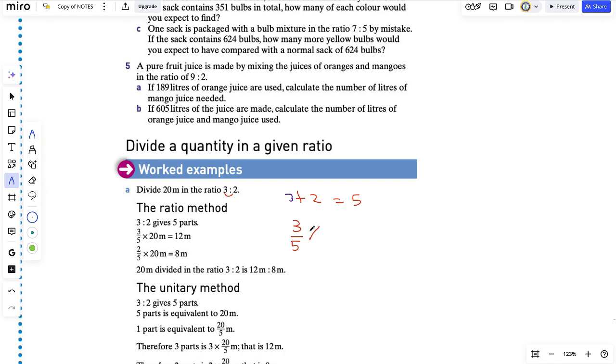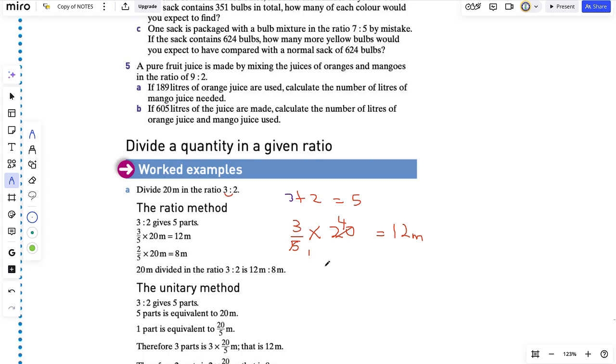If it's 20 million, how many million will the one with ratio 3 get? 5 goes into 20, 4. If you know multiplication, many things are easy for you in mathematics. So 3 times 4, you get 12. So the person with ratio 3 will get 12 million. If it's meters, it will be 12 meters.